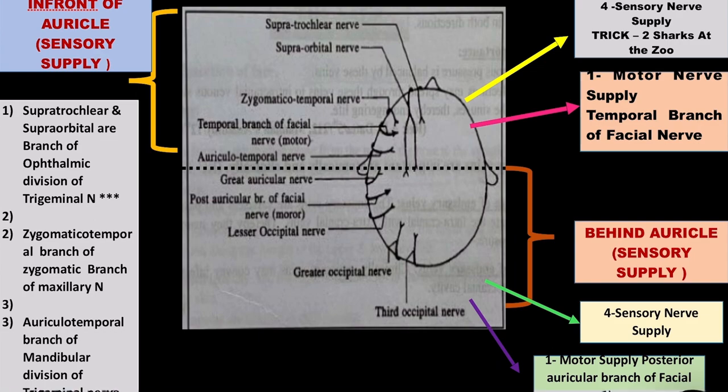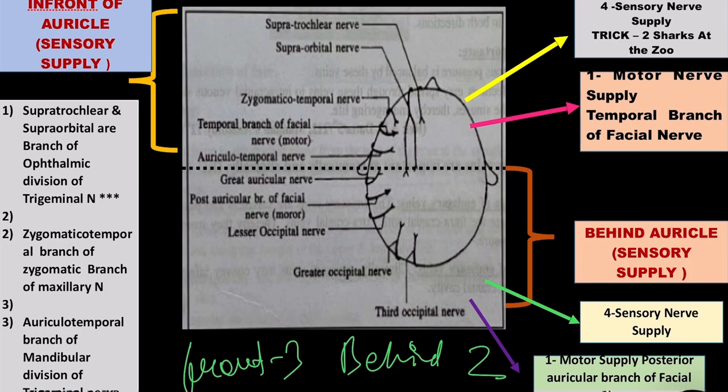Now we come to the nerve supply and blood supply. When we say the blood supply of the scalp, there are 5 sets of arteries that supply the blood, first in front and then behind. In front we have 3, and behind we have 2.